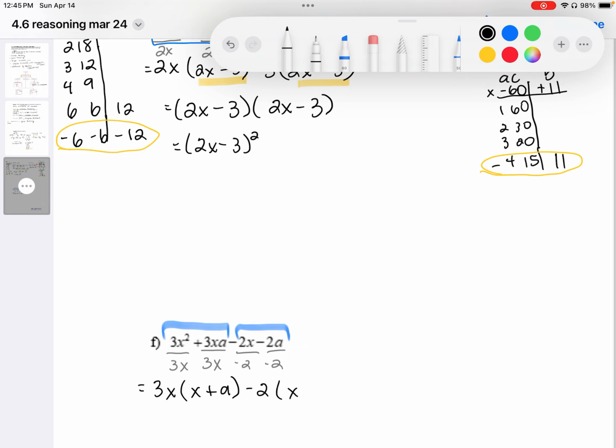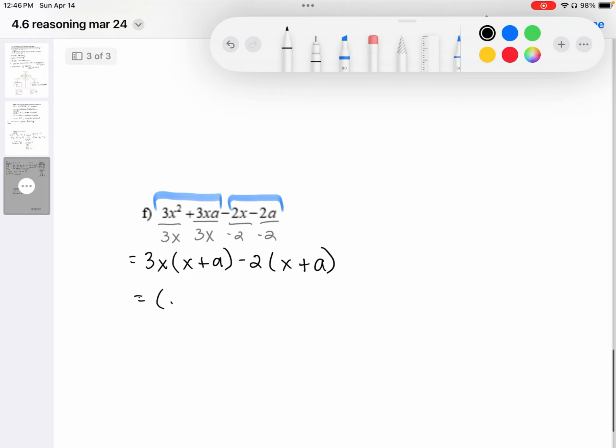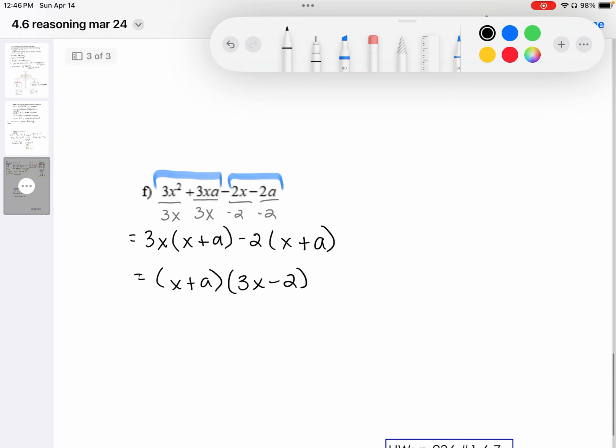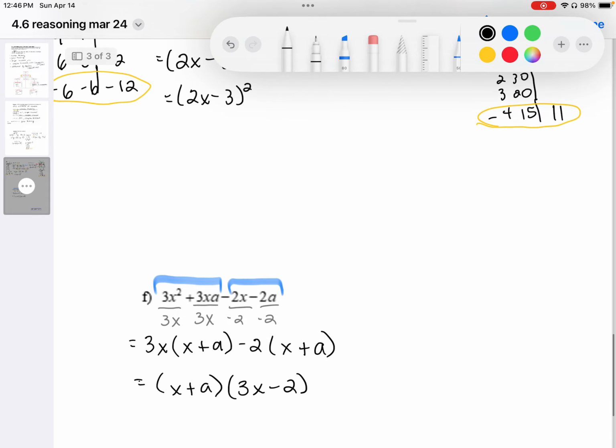And negative 2 divided by negative 2 is going to leave me with a. And there it is, the two sets of brackets that are the same. So we can factor that set of brackets out, and then whatever's left over goes in the second set. Okay, so this is a really good review day. It's essentially just making sure that when it's all mixed together, we are able to factor using the strategies we already know.